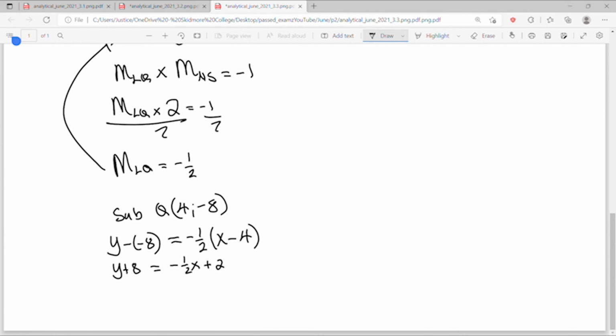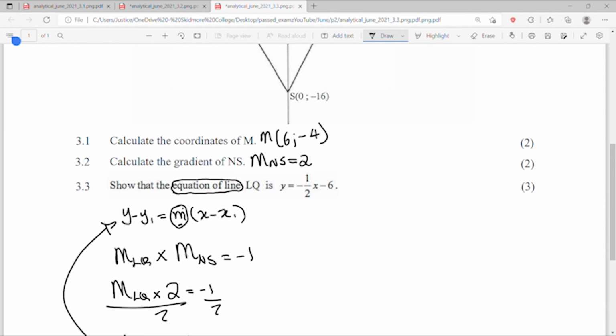Then you transpose the 8, so y equals negative half x plus 2 minus 8. That will give us negative half x minus 6. And we've proved that the equation of LQ is exactly what they said it was.